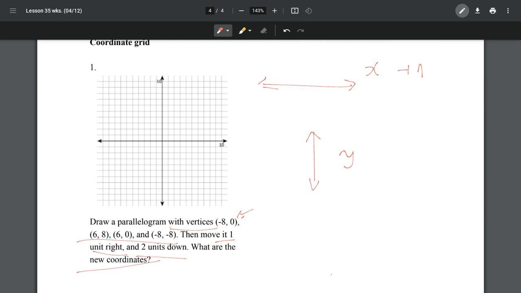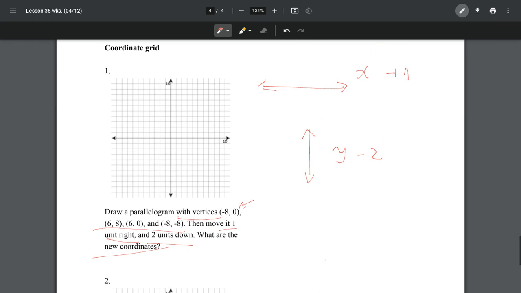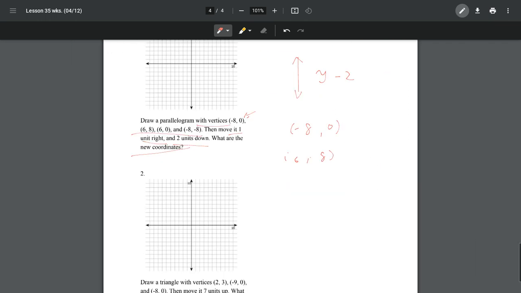We're moving 2 units down, so that's y minus 2. Okay? And so for our x, let's list all the coordinates down. So that's 0, 6, 8, 6, 0, and 8.